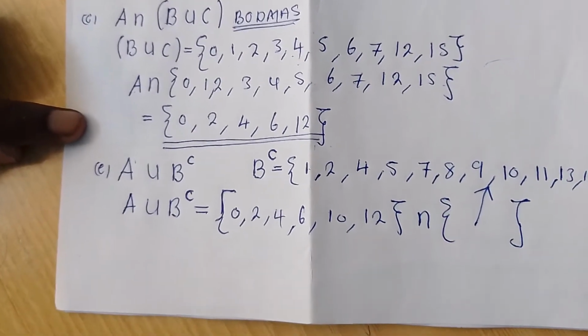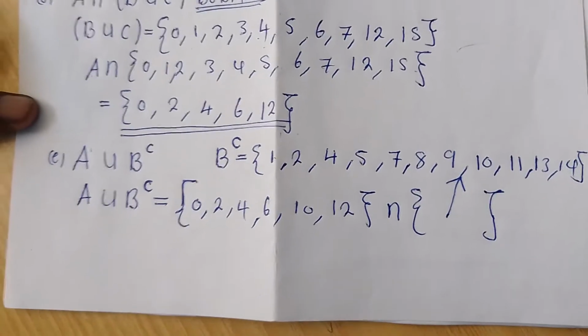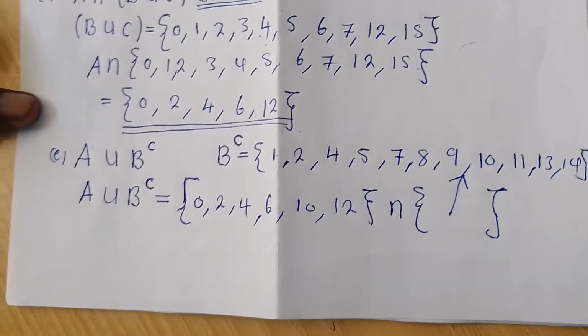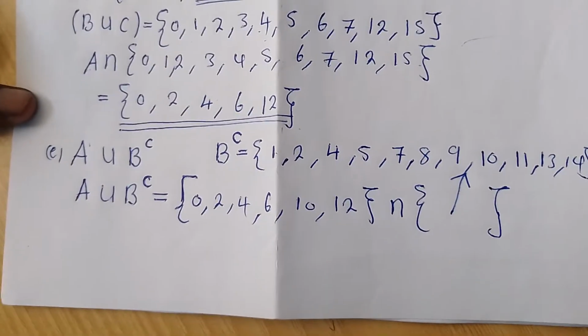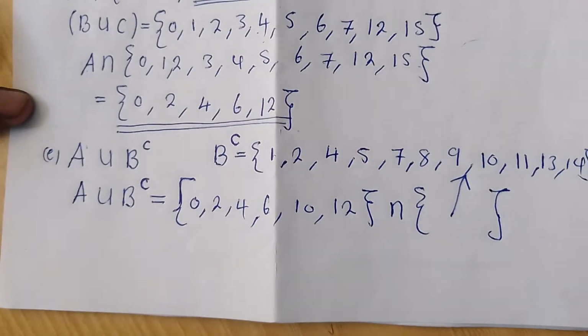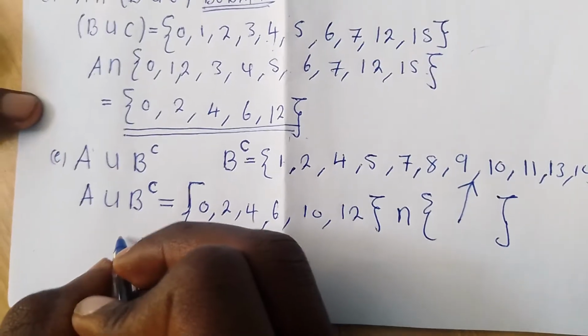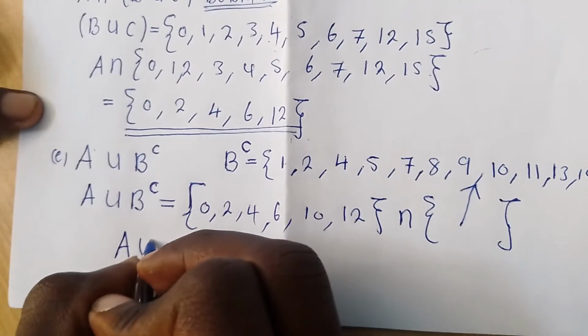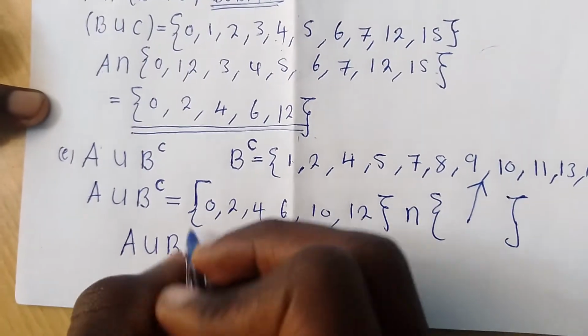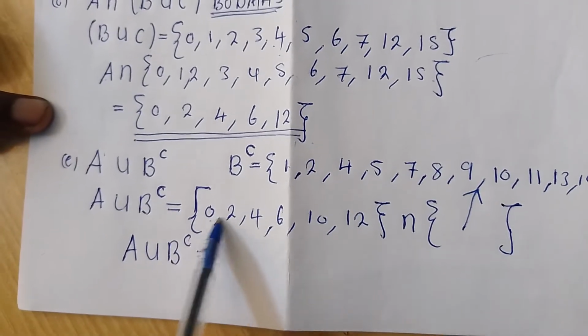When we start doing algebra of sets and identifying how you can line up the sets, you'll understand what I've done here. Therefore, we can say A union B complement is going to equal to... Now let's find whatsoever is in here which is also in here.